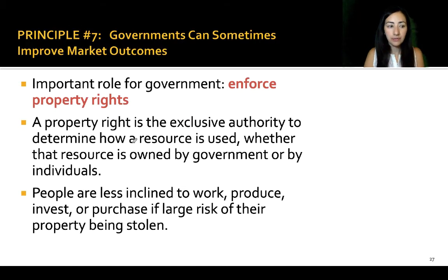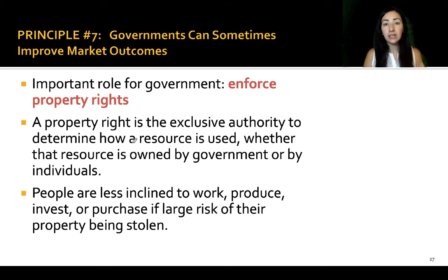Principle 7. Governments can sometimes improve market outcomes. So there's a very, very important role for the government when we talk about microeconomics, and that is the enforcement of property rights. A property right is the exclusive authority to determine how a resource is used, whether that resource is owned by the government or by individuals.